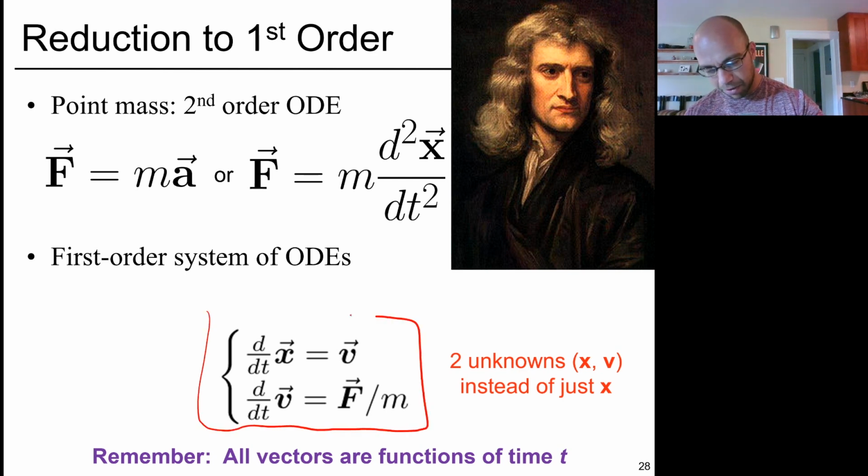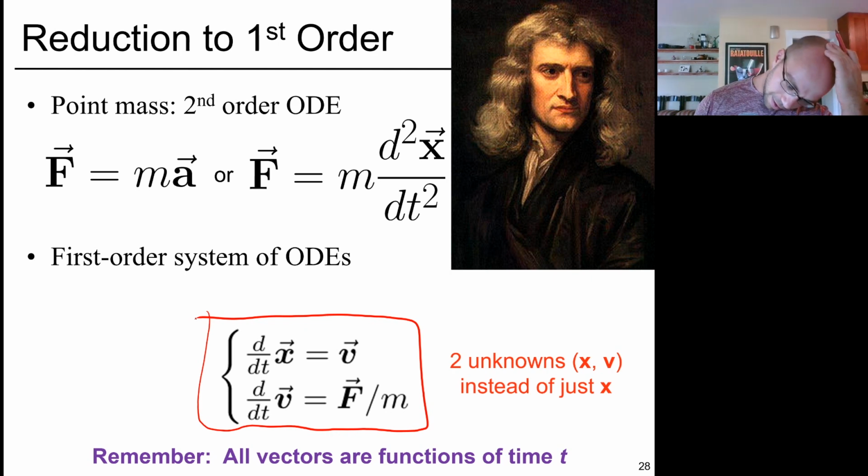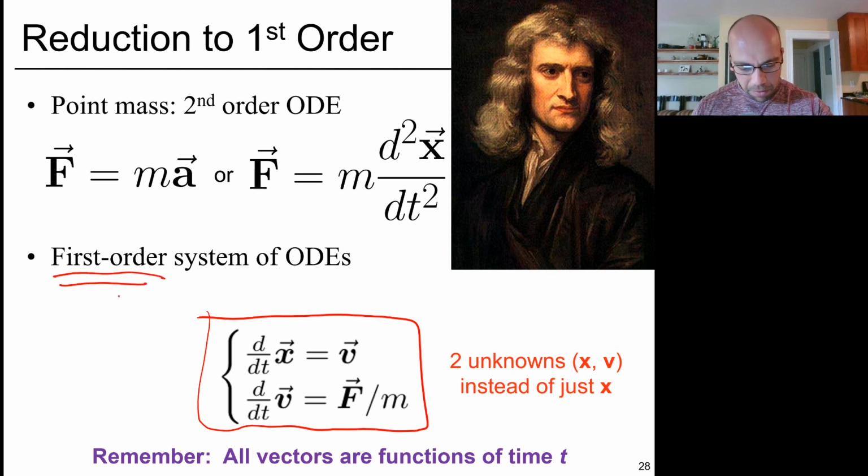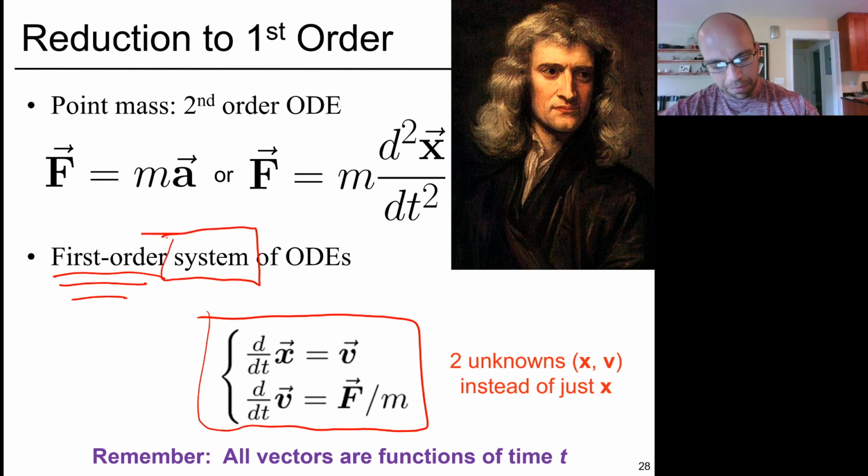We get this system of equations, which says that the derivative of x in time is v, the derivative of v in time is force divided by mass. So all I did was a mathematical sleight of hand. This is a first order system of ordinary differential equations. The word system here refers to the fact that there's more than one unknown, right? There's x, which is a vector, and also v, which is another vector.